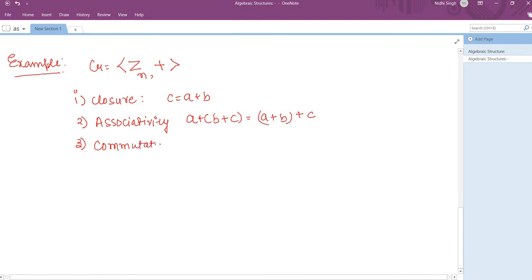So it holds this property. We can check: if we perform the addition between two elements, then the reversed addition will produce the same result, like 2 plus 3 equal to 5 and 3 plus 2 equal to 5. Now the fourth one is existence of identity.